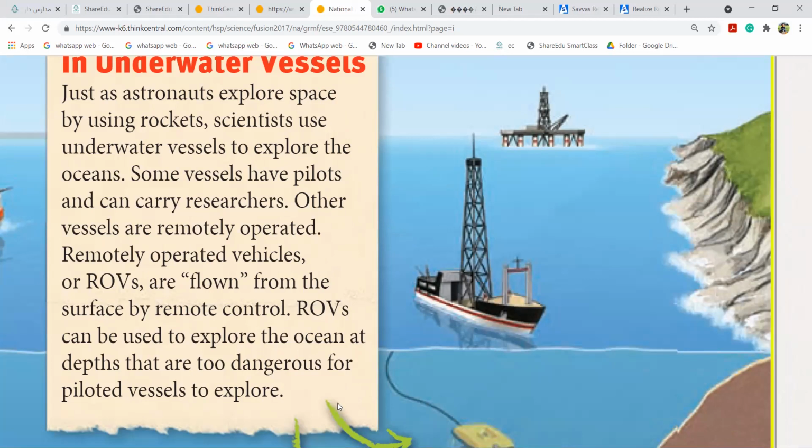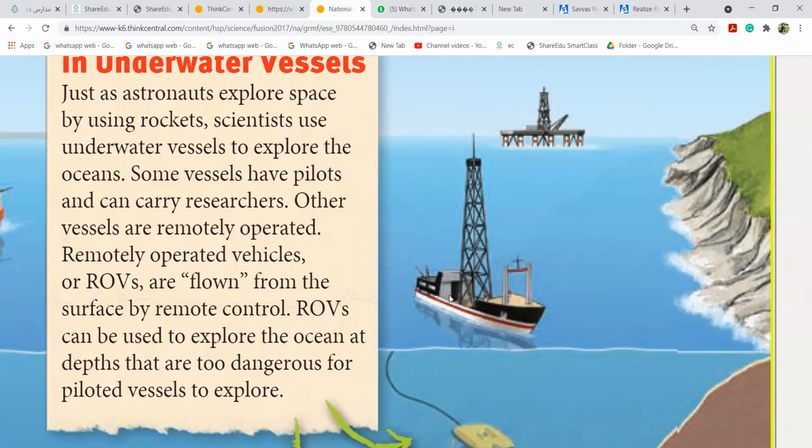Like, I have a special camera which I put into one room, and I sit somewhere else and operate it remotely. Same way, with remotely operated vehicles, they sit somewhere else and control those vehicles deep inside, from the surface by remote control.